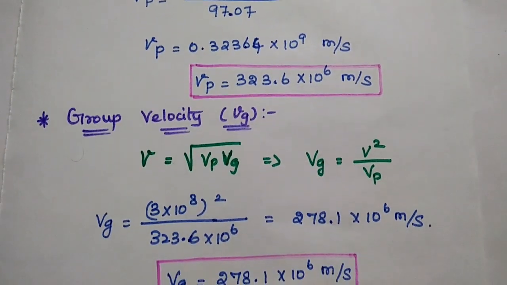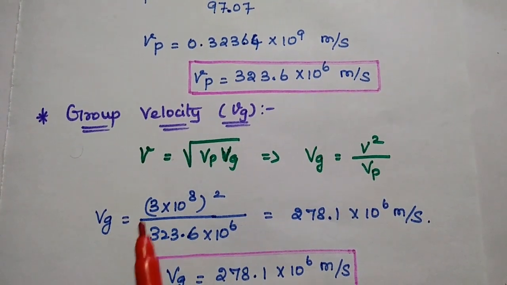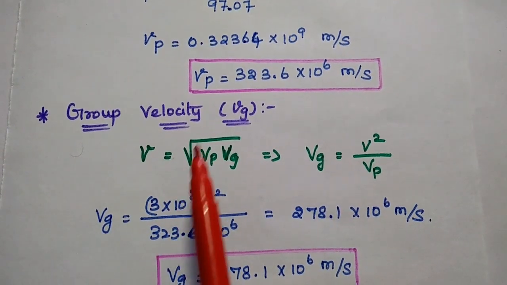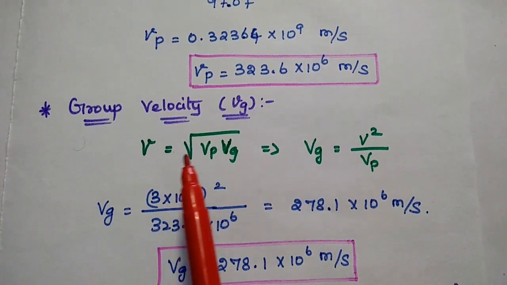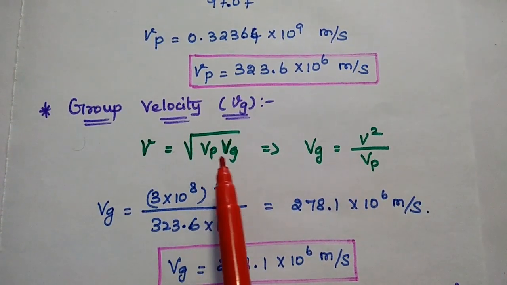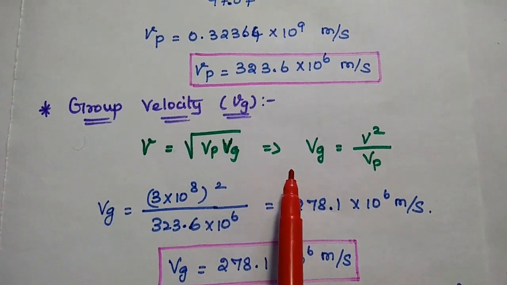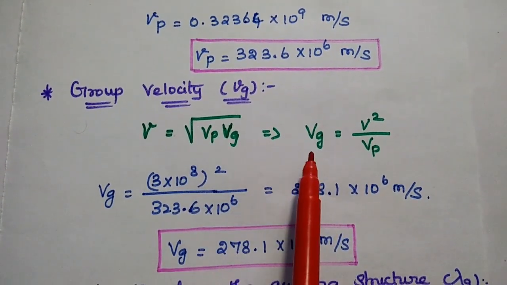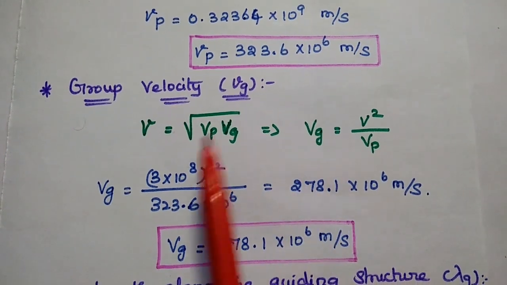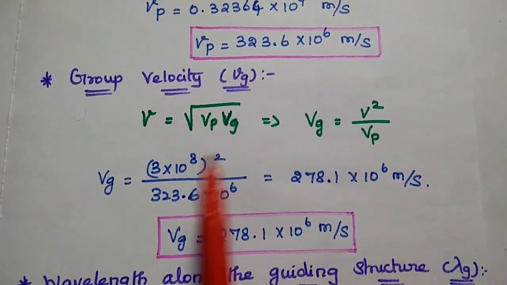So next, group velocity. For this we can take the relation between the phase velocity and group velocity. So here the velocity of propagation is equal to square root of Vp into Vg. We can get the value of Vg from this formula. So here the group velocity is equal to V squared by Vp. So what is V?